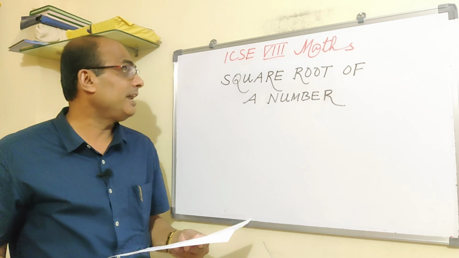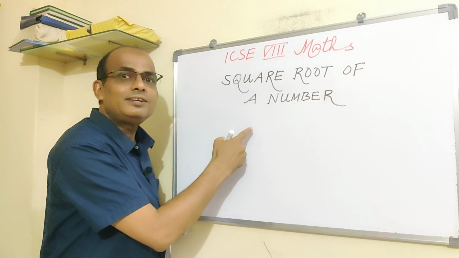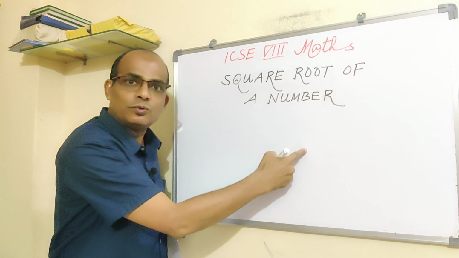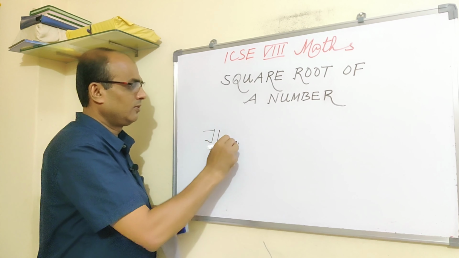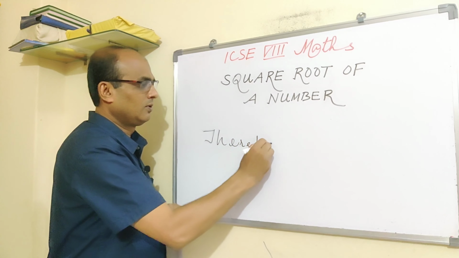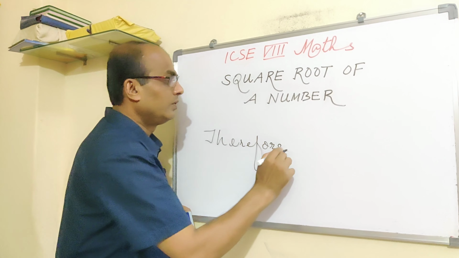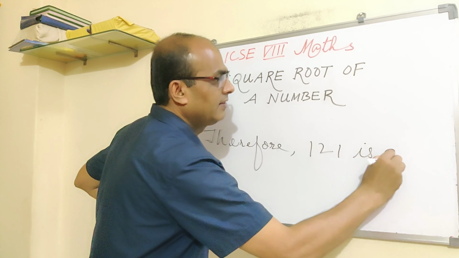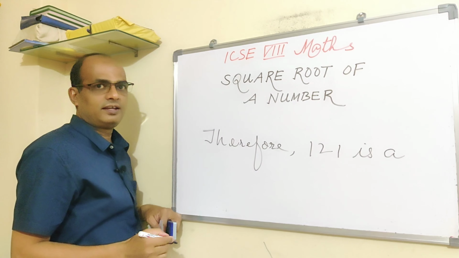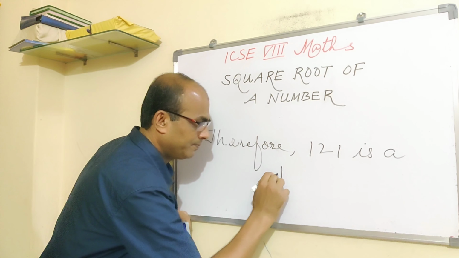Therefore 121 is a perfect square. That is your answer.